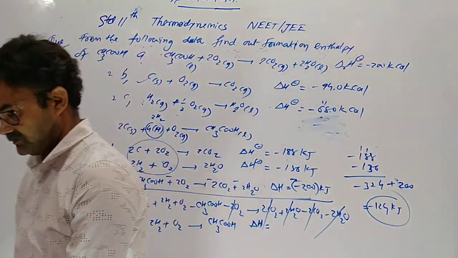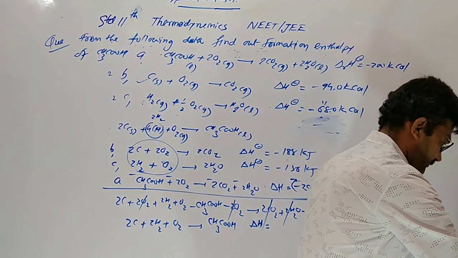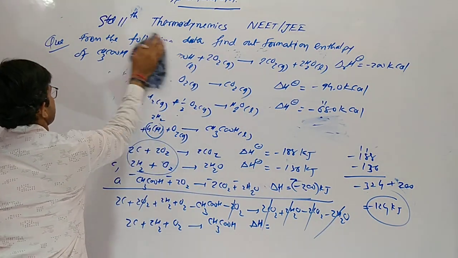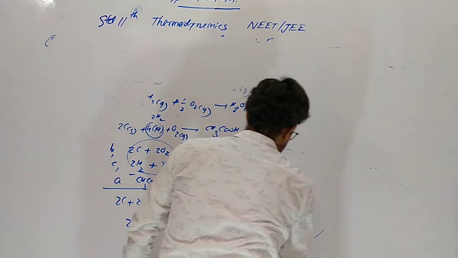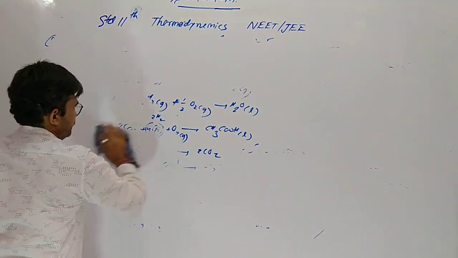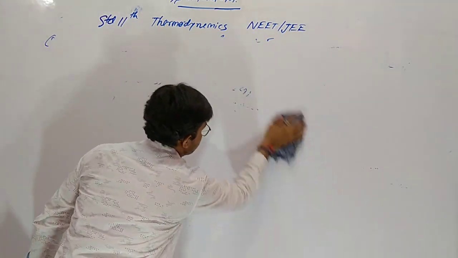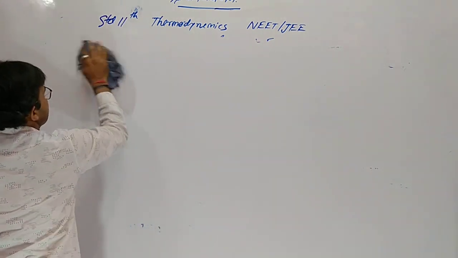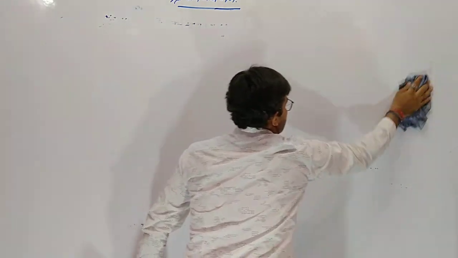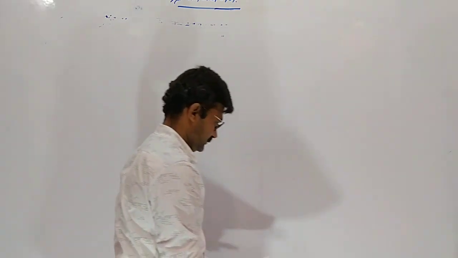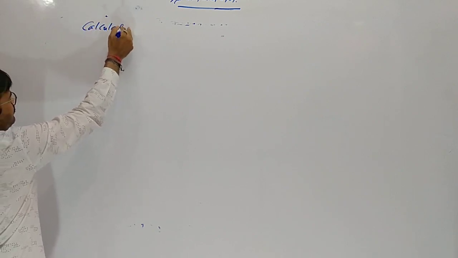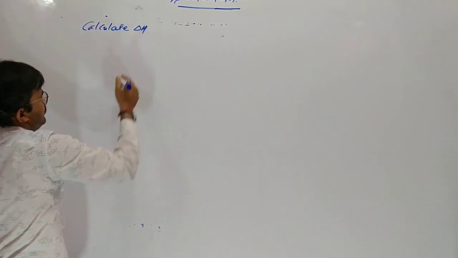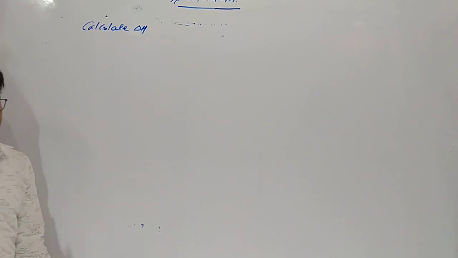Now another method. We are going to another method. Calculate delta H of the reaction.